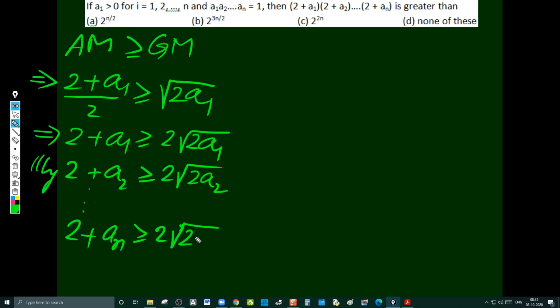Correct? Now let us say this, because we need the product there. Multiply vertically, which implies multiply vertically, I think you'll get the answer.